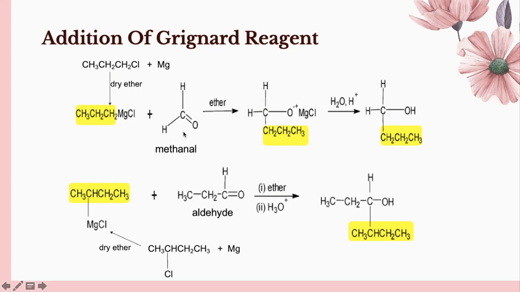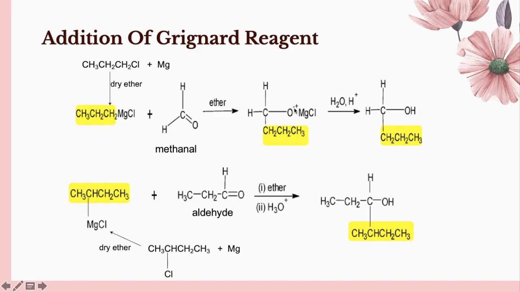So methanal in ether. This is the alkyl part, the R group. It must attach to the carbon that has C=O. So this R makes a new bond, attaching to the carbon that has C=O, and then this double bond O becomes single bond O-. You use the electrons in the bond and give them to the oxygen, making the oxygen have a lone pair of electrons.